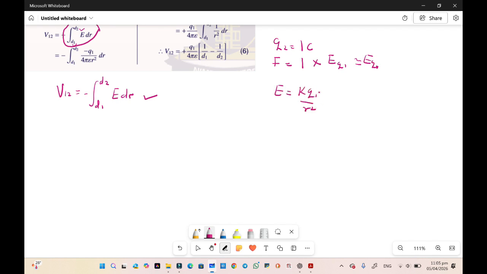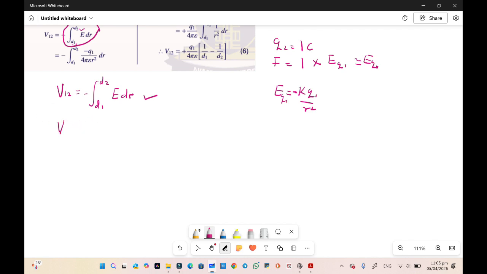Let's remember that E is equal to KQ1 over R squared, but Q1 is negative. So this means that E will be equal to negative KQ1 over R squared. Remember that the electric field is for Q1 from our example.